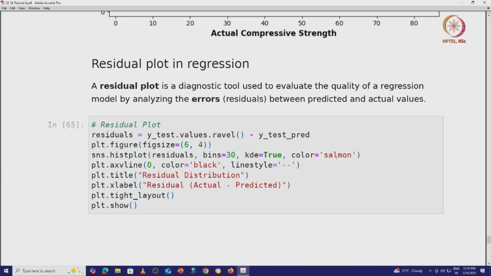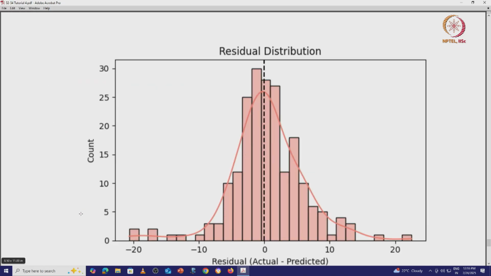Right. You can also make a residual plot which is used to evaluate the quality of a regression model by analyzing the errors between the predicted and the actual values. So that is just the true and the predicted values, the difference between them, and you can plot it on a figure, right. So this is the residual distribution. You can see that it is roughly following a Gaussian distribution. Now this also links to the kind of assumptions we have been making.